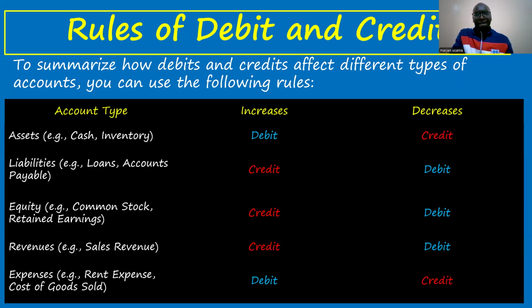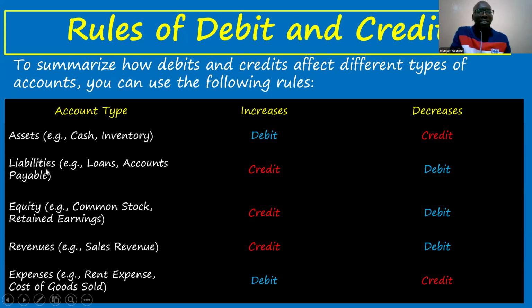Number one, we have the assets, for example cash and inventory. With the assets, the debit will always increase and the credit will decrease. We shall see when we have examples.